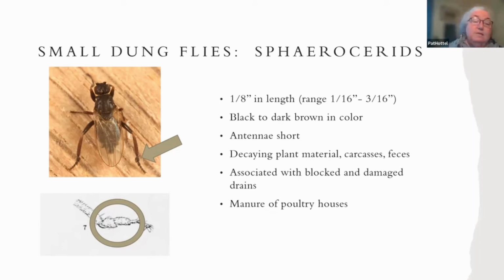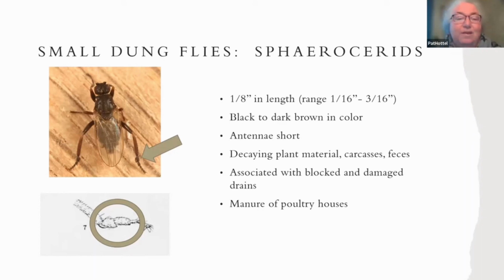The antenna are relatively short. I should have pointed out that our drain fly is one of the smaller flies that have long antenna, but small dung flies have small antenna. They feed on decaying plant material. These can be carcass feeders, can be associated with manure and feces as well. Blocked and damaged drains, so this can be one of those flies.